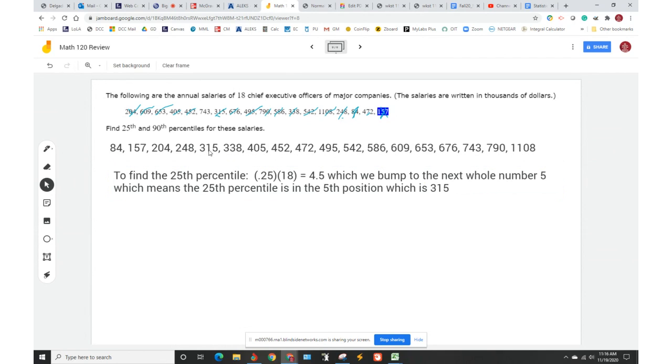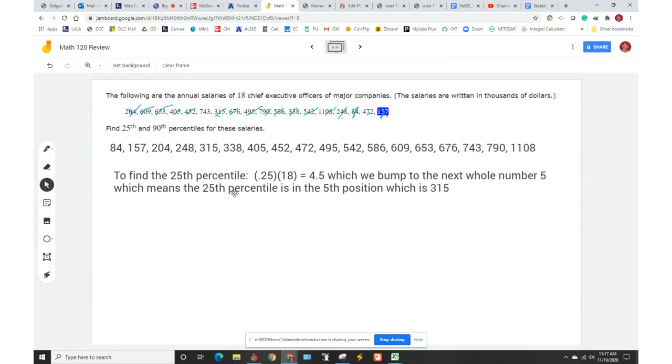Now, if you had 100 values, it would come out to be exact because at 100 values, everything is going to be 1%, so you can get it more exact. But with this, with 315, if we went down to the fourth position, we're not going to be at the 25th yet. We would be like 23rd or something like that. So in order to get to the 25th percentile, we got to get past that fourth position and into the fifth position to make sure we get past it.